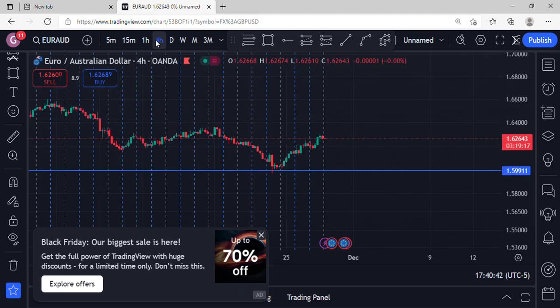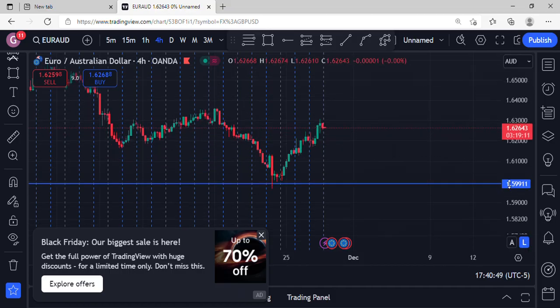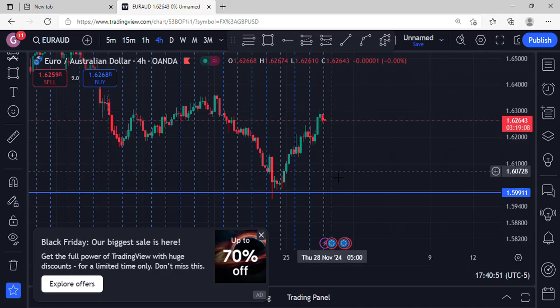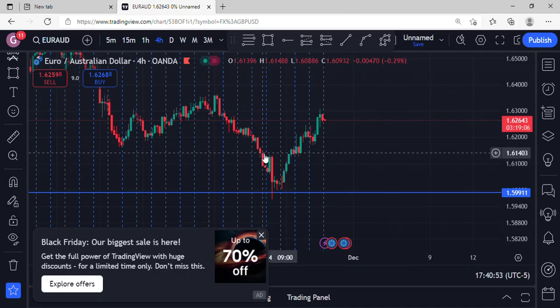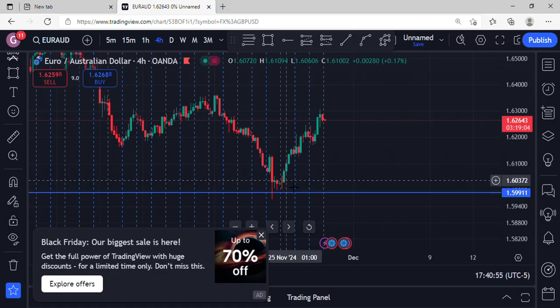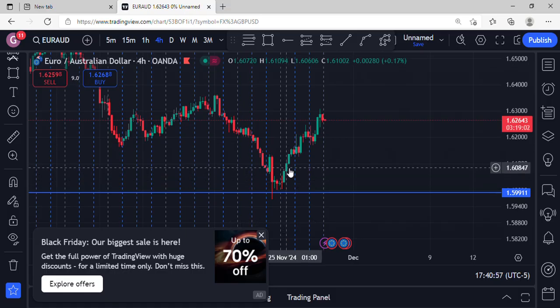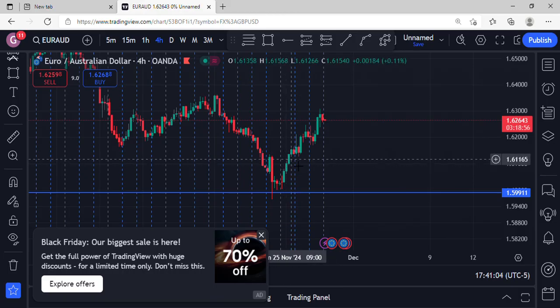So going into the 4 hour, you see that price traded up, leaving bullish fair value gaps. So here was a breakaway gap, here was also a breakaway gap.